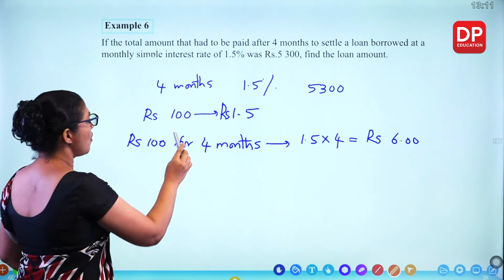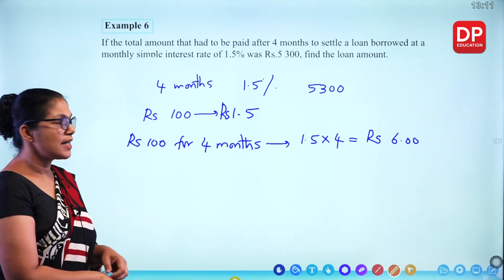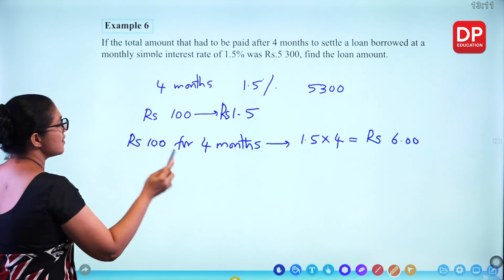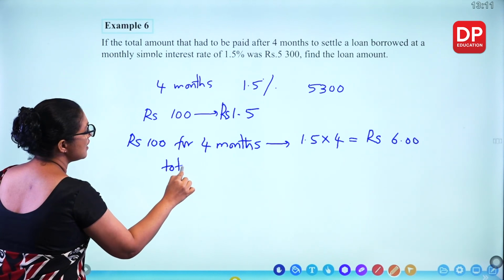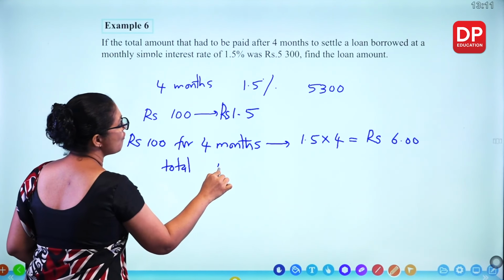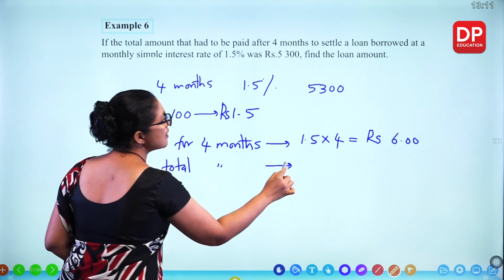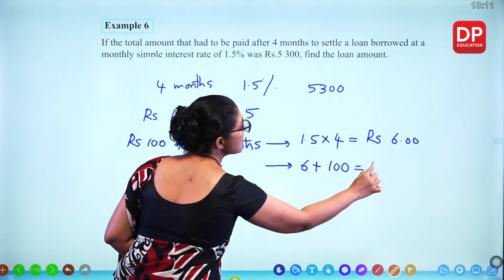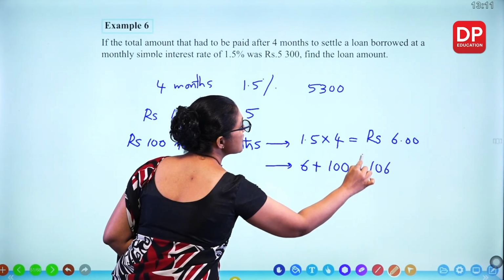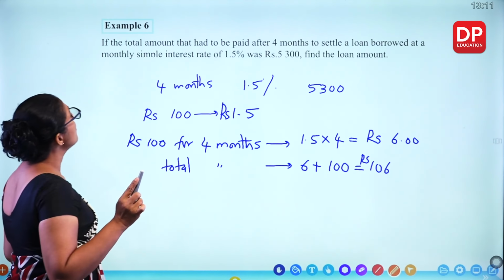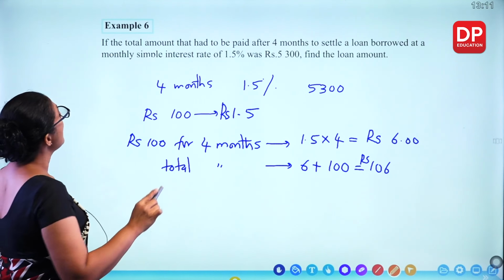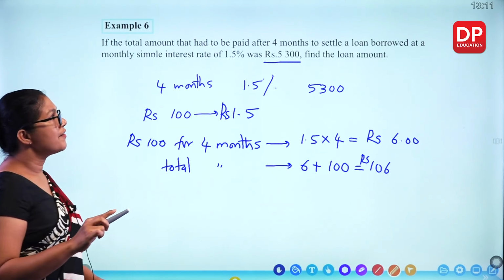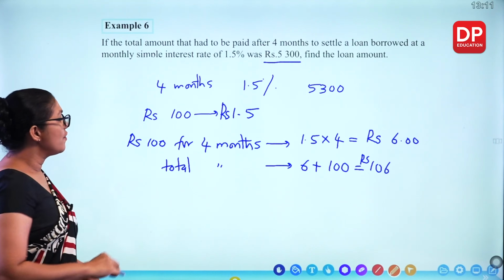Now, altogether, what's the amount he has to pay? Total amount for 4 months is 6 plus 100. That's 106 rupees. Now we know he has to pay 5,300 rupees for the whole amount.